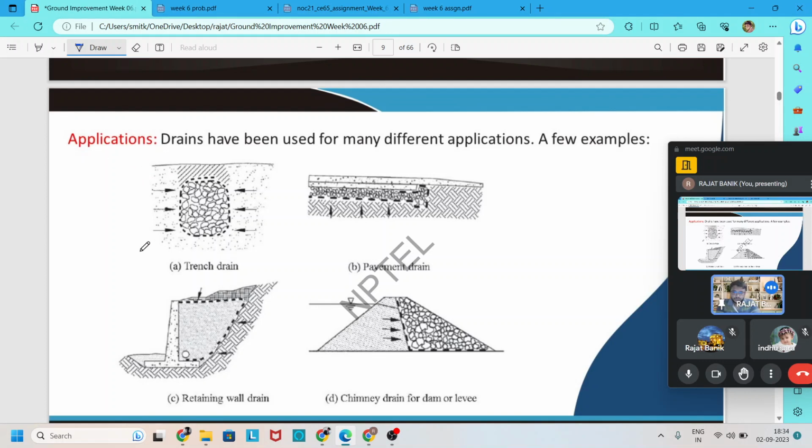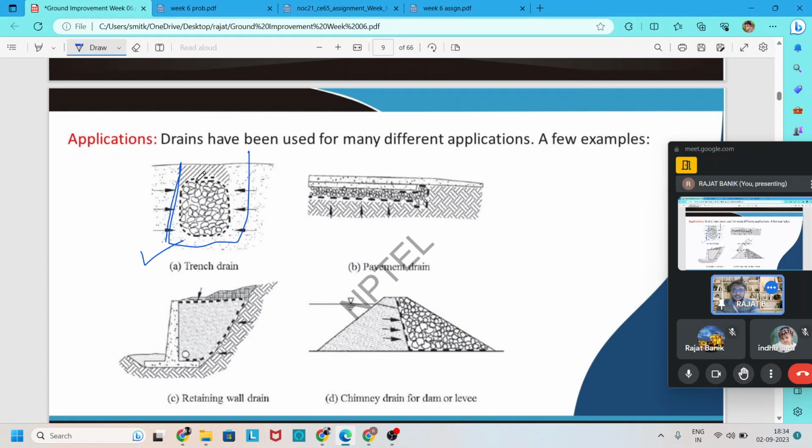So the first one is trench drain, the second one is pavement drain, the third one is retaining wall drain, and the fourth one is chimney drain for dam only. A trench drain is nothing but one trench created like that.